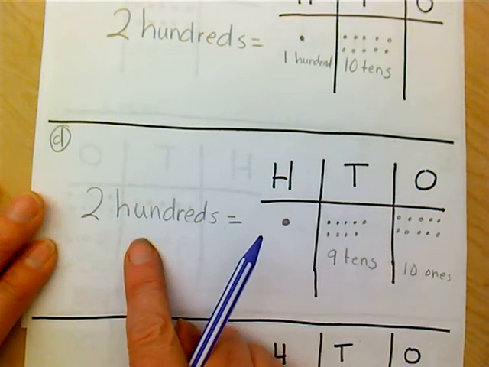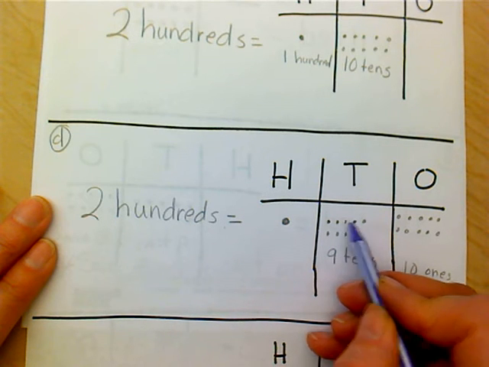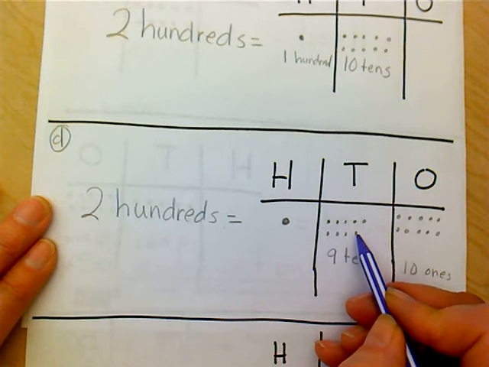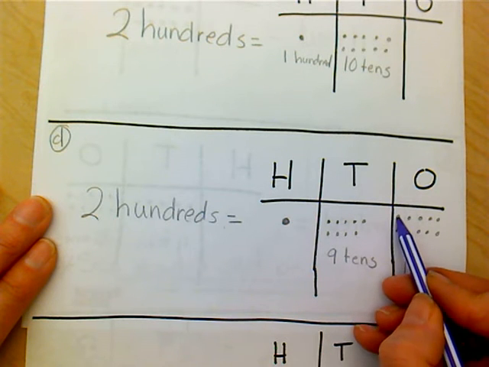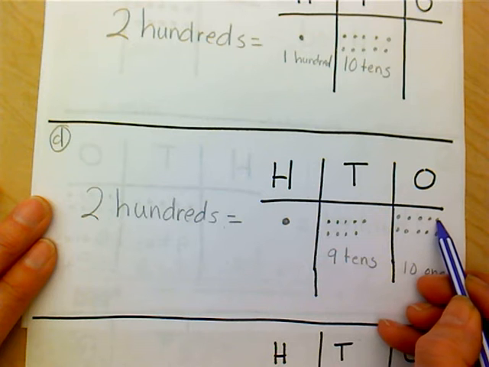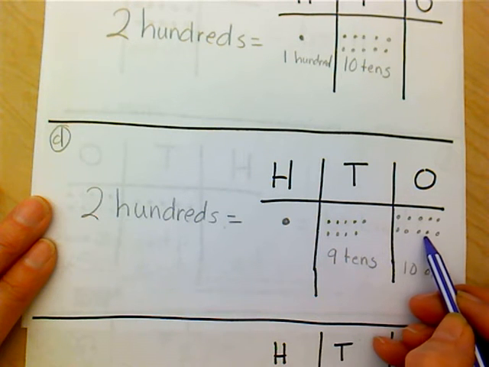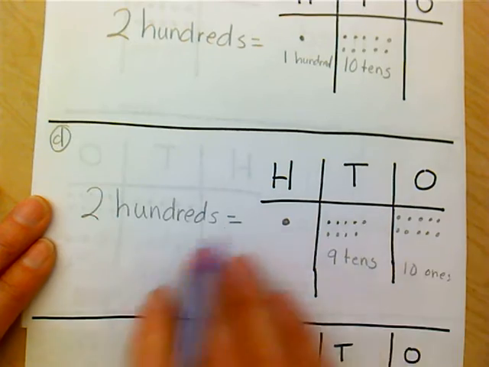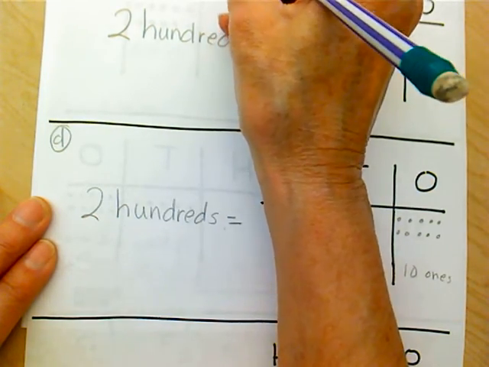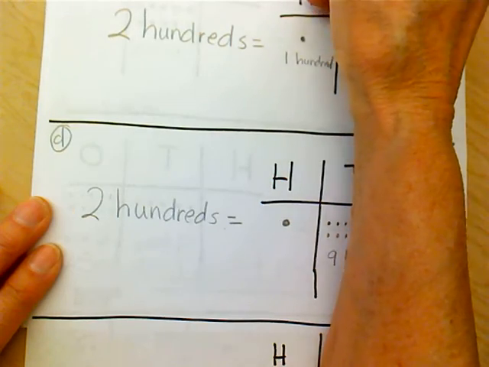Oh yeah, I'm going for 200. 110, 120, 130, 140, 150, 160, 170, 180, 190, 191, 192, 193, 194, 195, 196, 197, 198, 199, and 200. So how many ones was that? That was 10 ones.